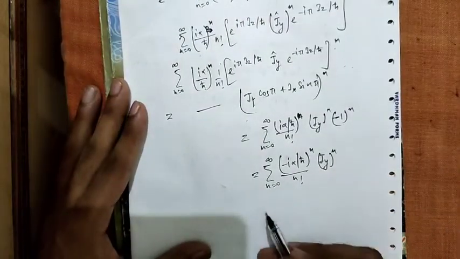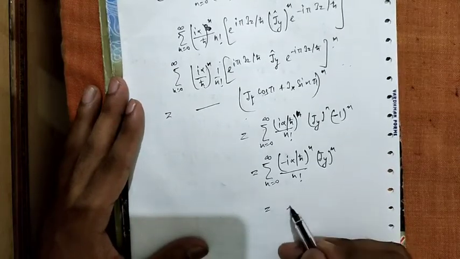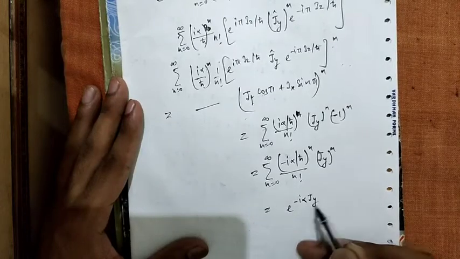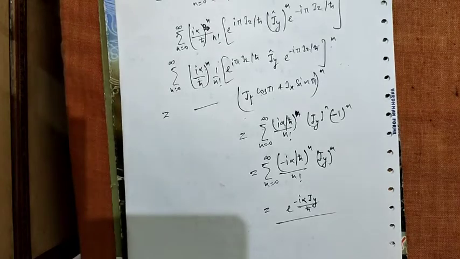This is the expansion of the exponential, which equals e to the minus i alpha Jy by h cut. Hence the left hand side is equal to the right hand side. Thank you.